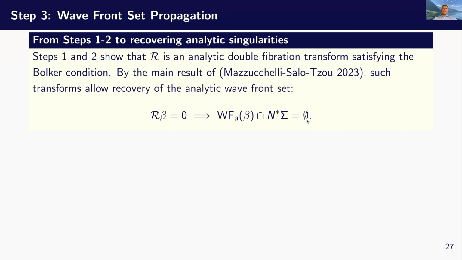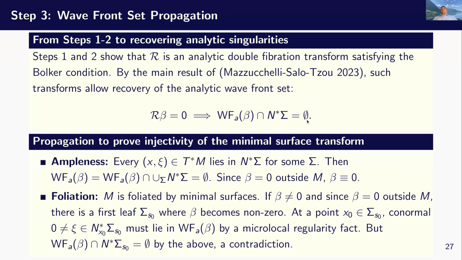So how does that apply in our case? We have two different assumptions for the injectivity of the minimal surface transformation. The first one was maybe the easier one, which was this ampleness condition. So let's see how that works. The ampleness condition means that you can probe the manifold in any direction by minimal surfaces. So it means that every (x, xi) is in the conormal bundle of some minimal surface sigma. Now the above condition can be written as follows.